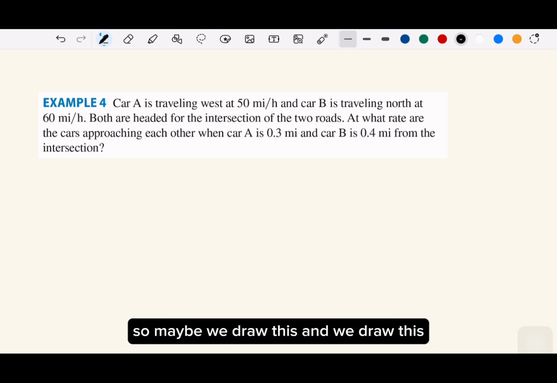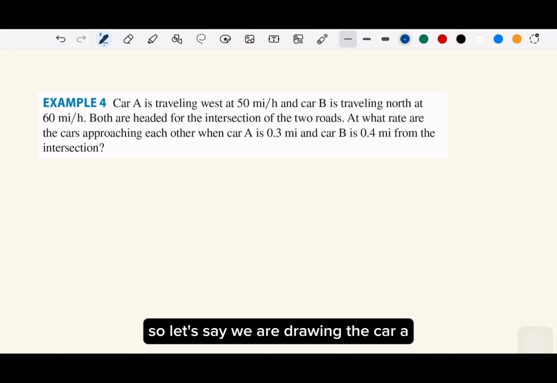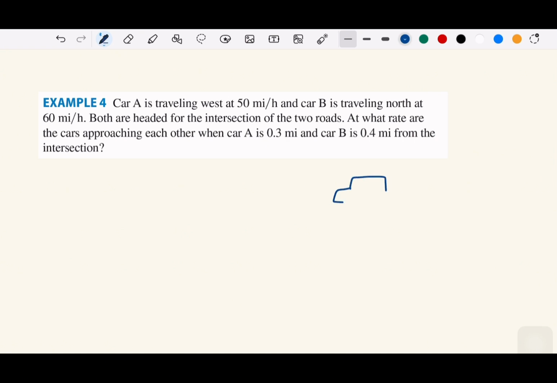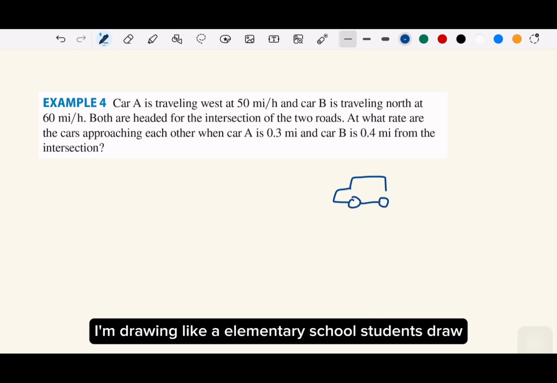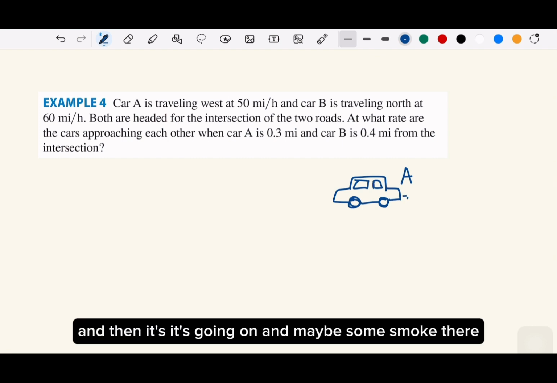So maybe we draw this. We draw car A traveling to the west. I'm drawing like an elementary school student. So this is A, and then it's going on.